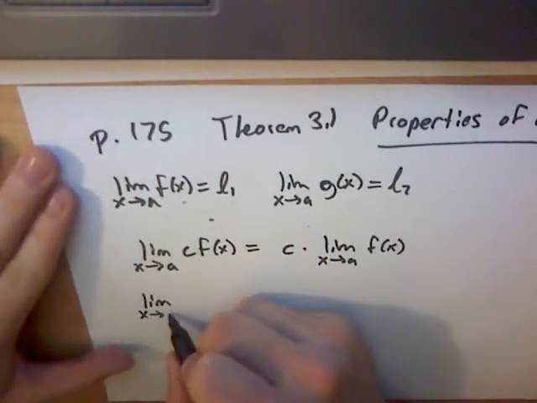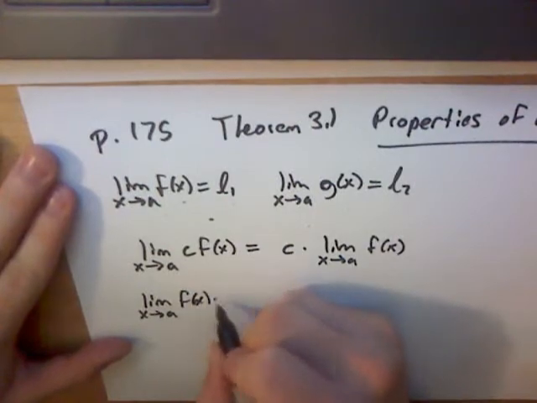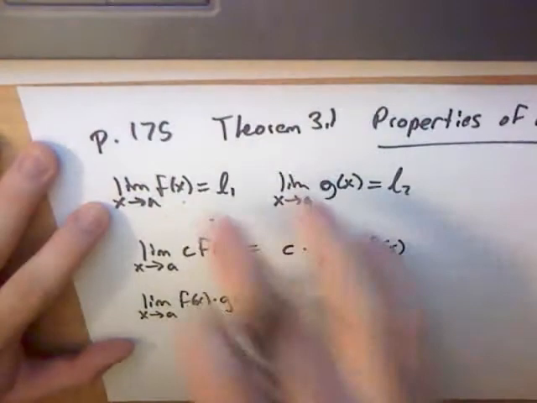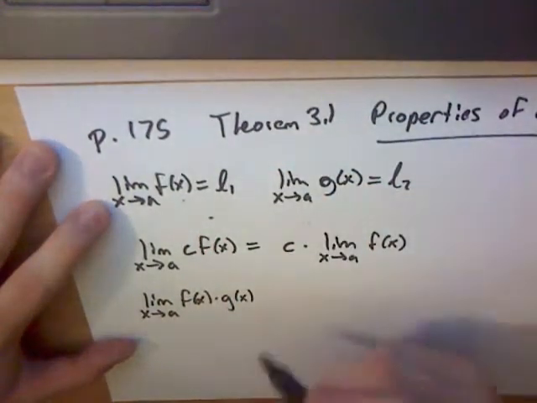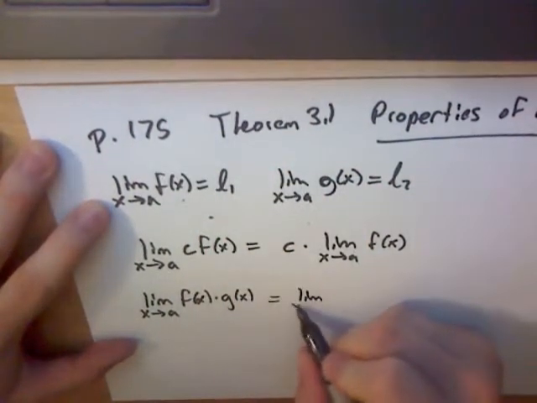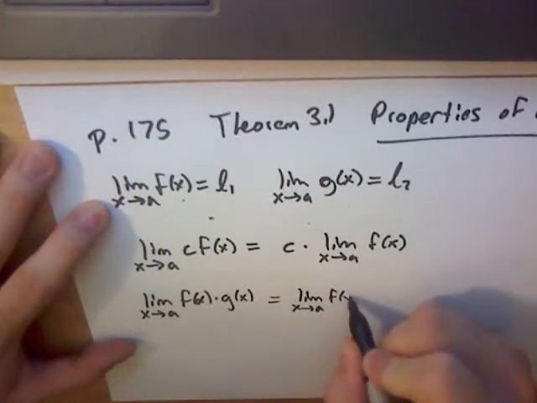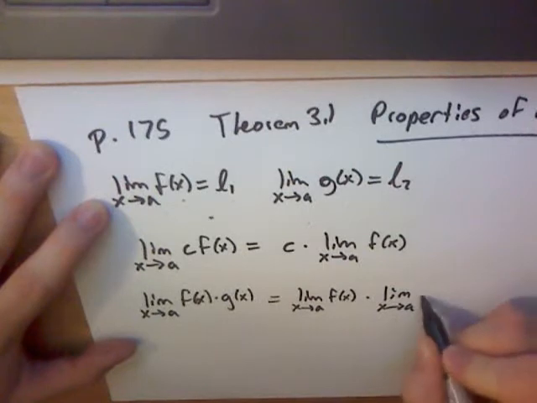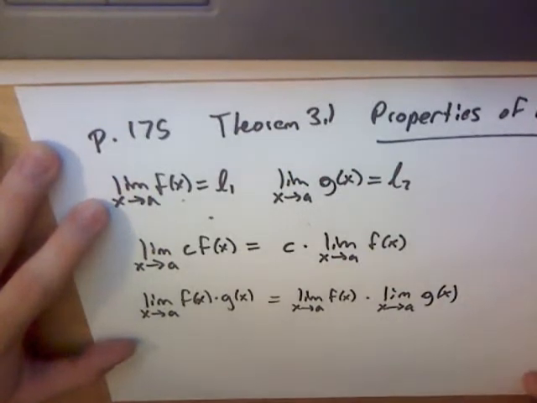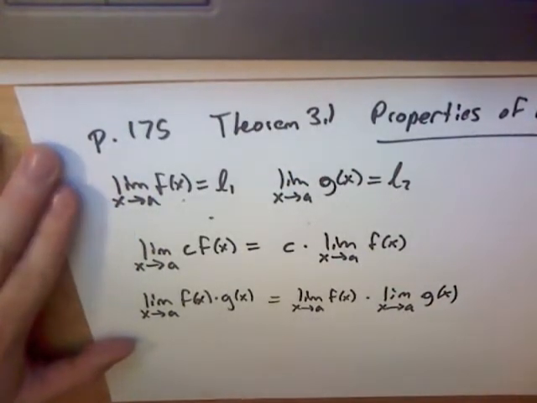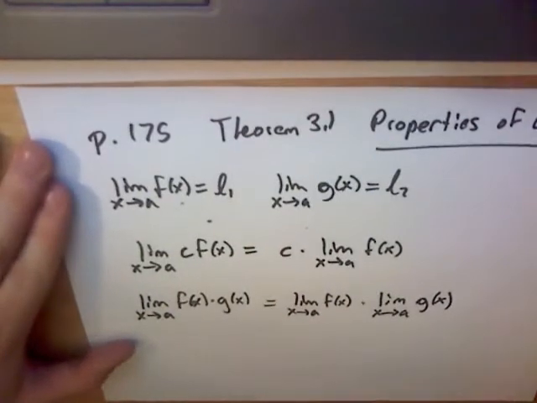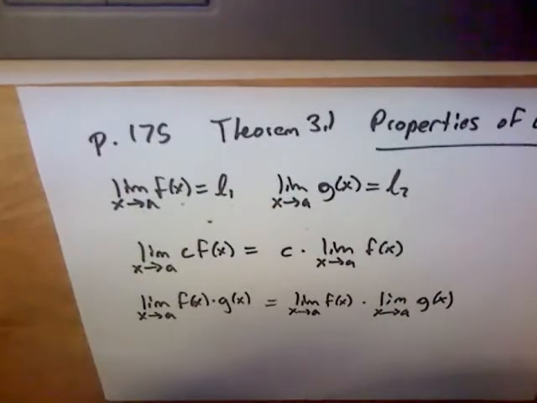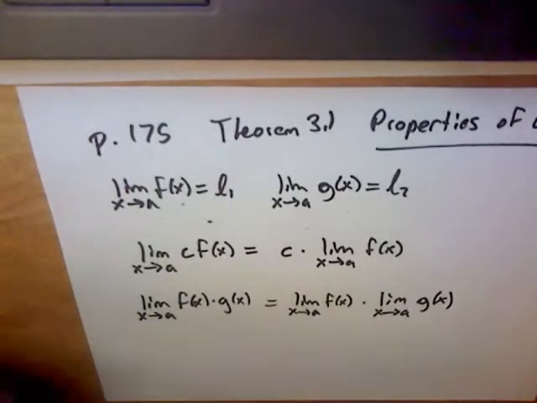The limit as x approaches a of f of x times g of x, when both limits exist and equal real numbers, is just the limit of each one multiplied. So these are very useful and can make questions easier. If you know that two limits are defined, you can split a product up and just tackle each part.